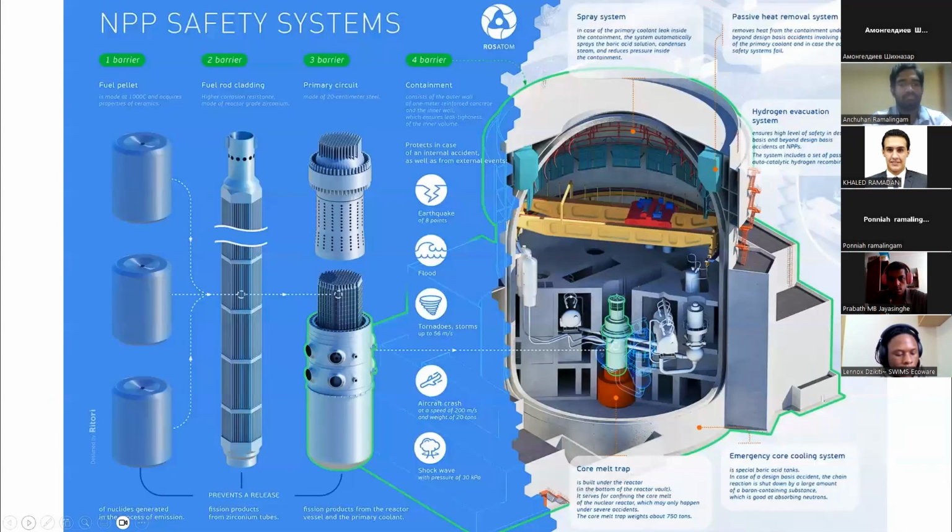Next slide, please. In this slide, you can see some safety systems in a generation 3 plus reactor, which is VVER 1200. First of all, let's start with the barriers which were built into the system. The first barrier is the fuel pellet, the place where the fuel is stored. Then the fuel pellets are put into the cladding to form the fuel rod.